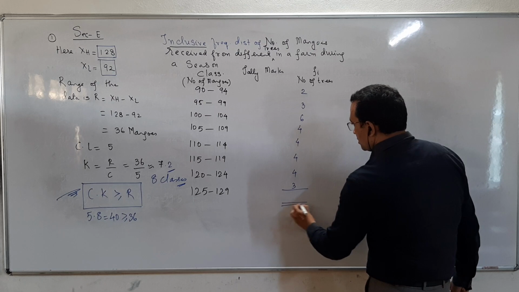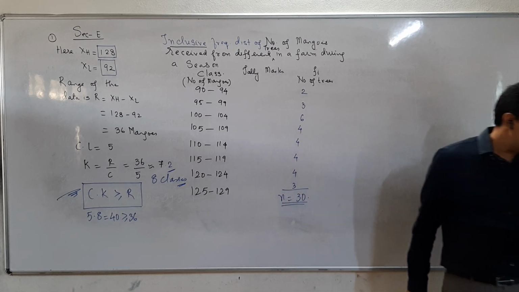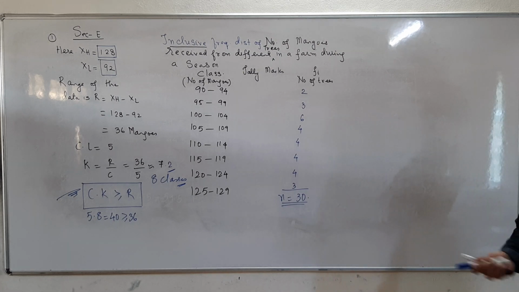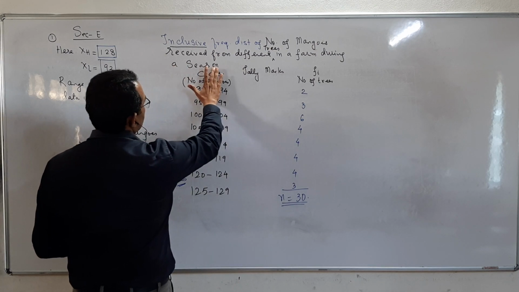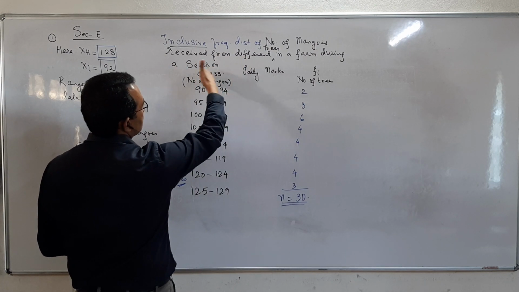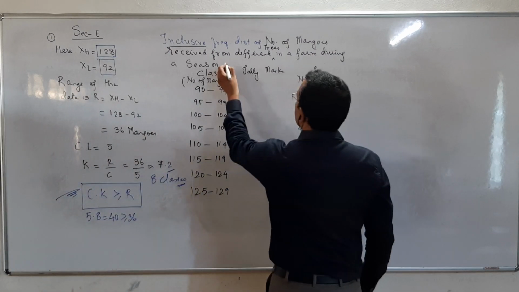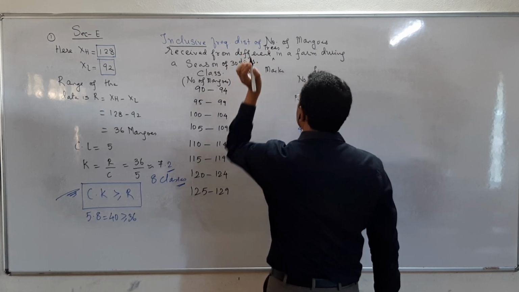So this total comes out to be 30 because the season is of 30 days. We have not written it here, but we cut the title short. You can even write during the season of 30 days. That is okay, let us write it.